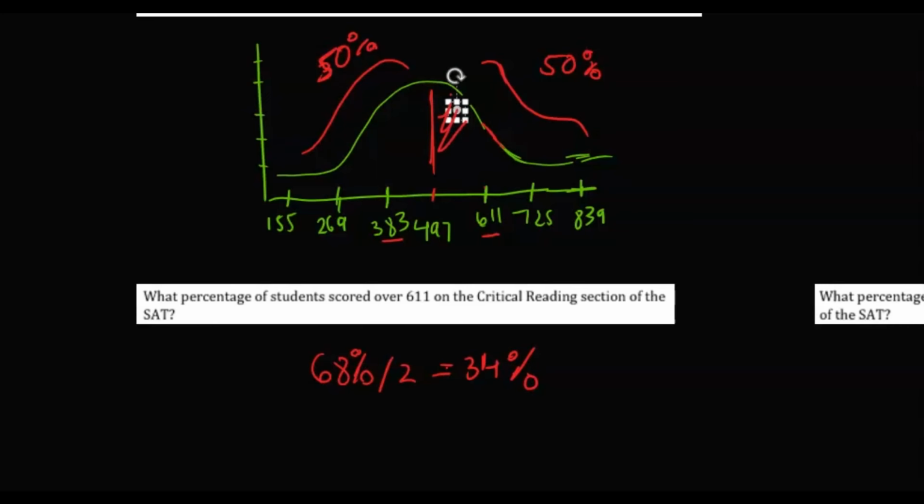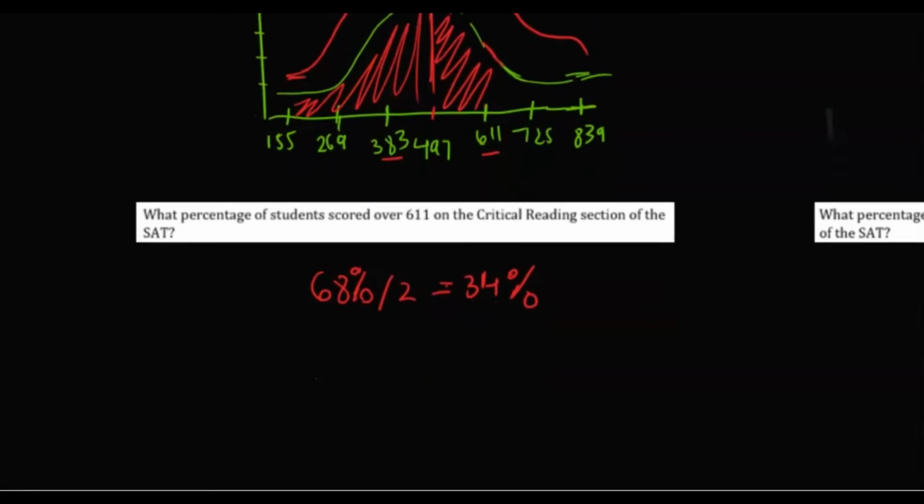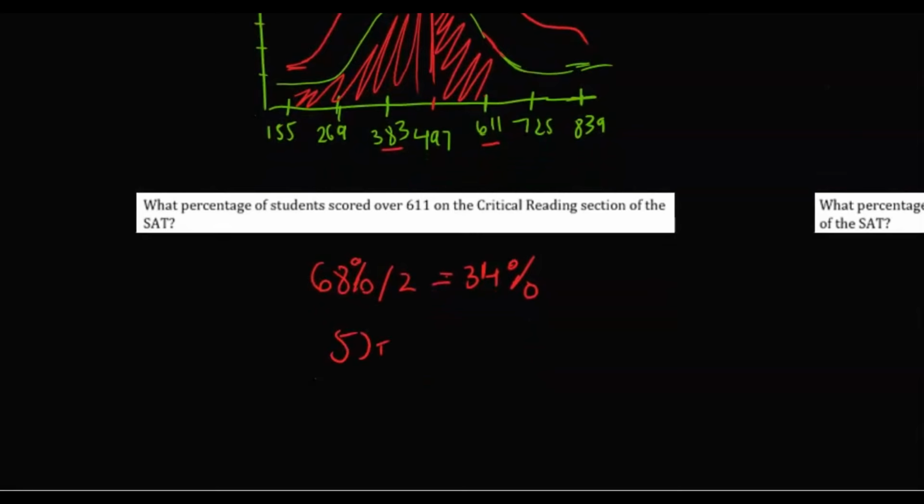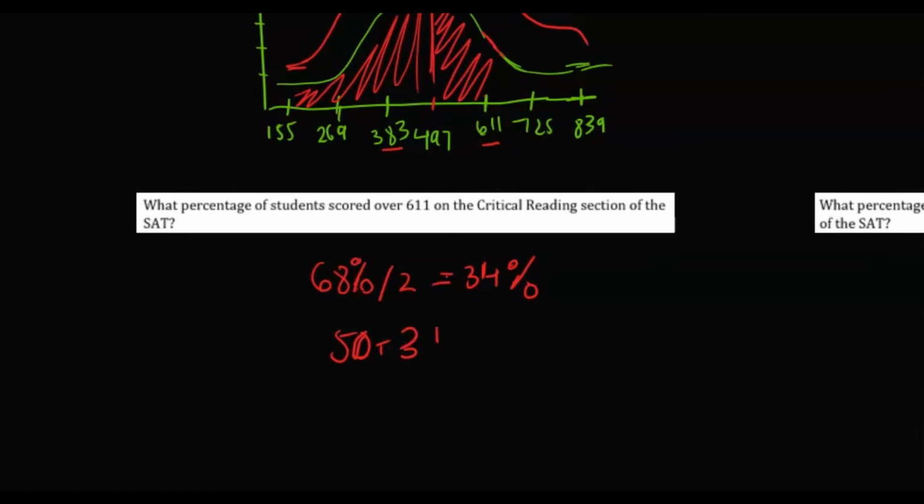And we know this side, everything under the mean is 50%. So all this is 50%. And so now we just have 50 plus 34, which will give us 84%.